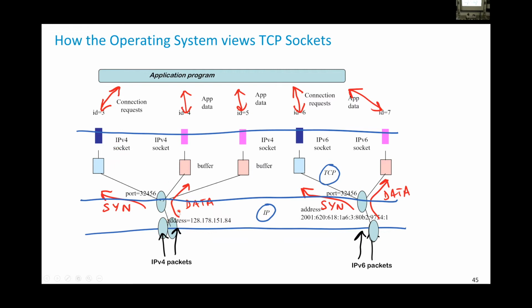And once a listen call has been done, multiple sockets are created, and the data is delivered by the operating system to the appropriate socket, by looking at the source and destination port numbers, and also possibly IP addresses here.